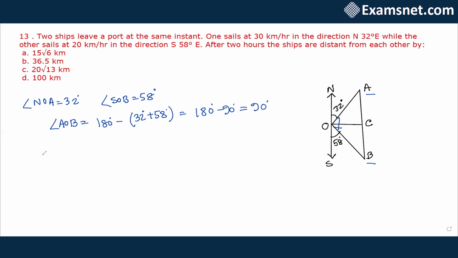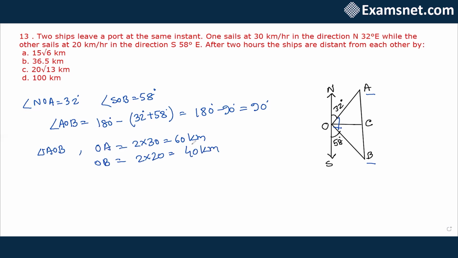Now, since AOB is a right angle triangle, OA is the distance of one ship in 2 hours at the rate of 30 km per hour speed. So OA is 2 multiplied by 30, 60 km, and OB is the distance of another ship at the speed of 20 km per hour, so 2 multiplied by 20, 40 km.